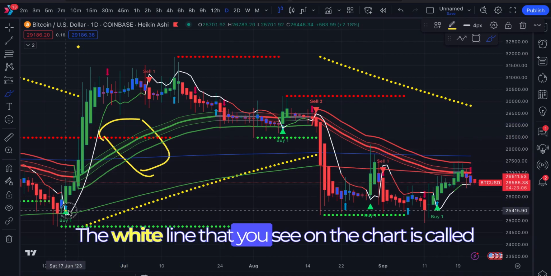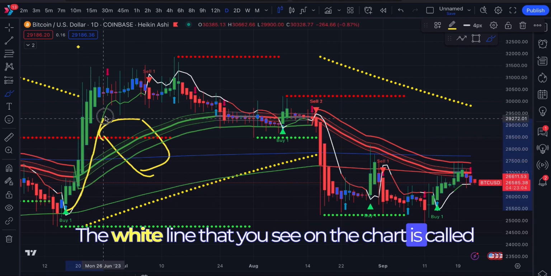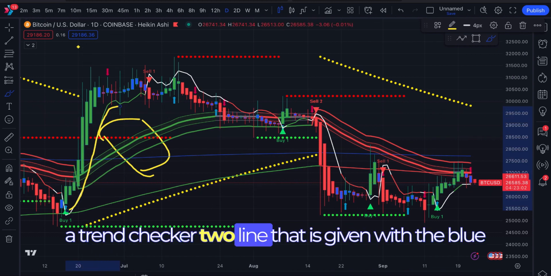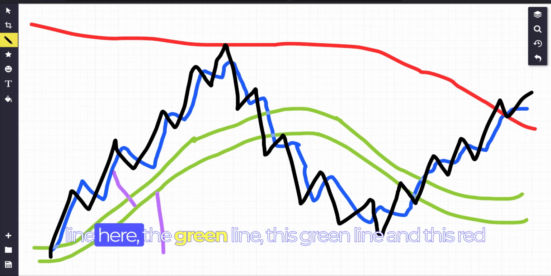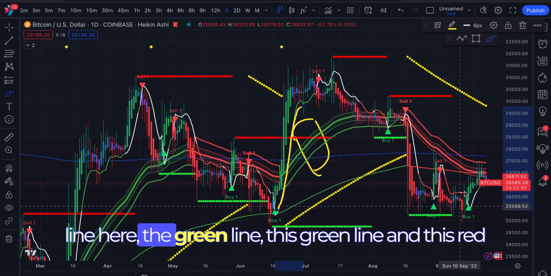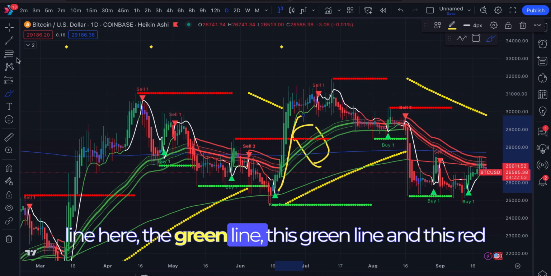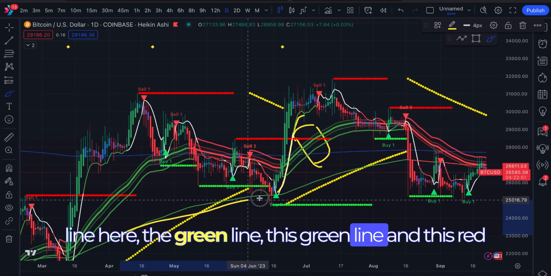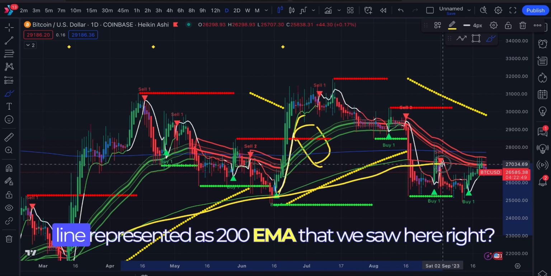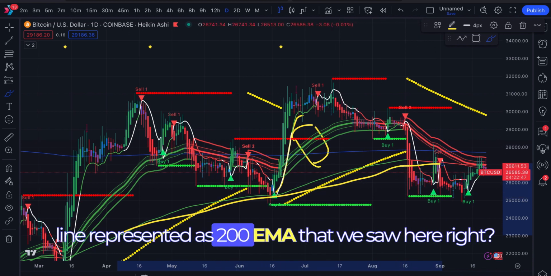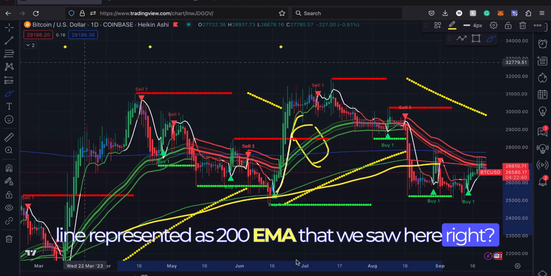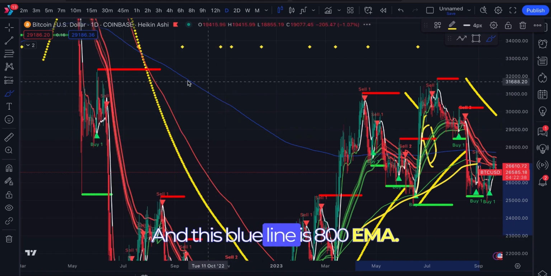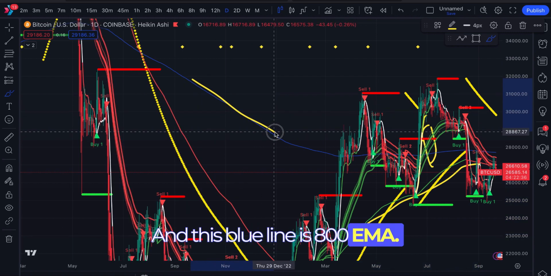The white line that you see on the chart is called the TrendChecker 2 line, that is given with the blue line here. The green line and this red line represent the 200 EMA that we saw here, right? And this blue line is the 800 EMA.